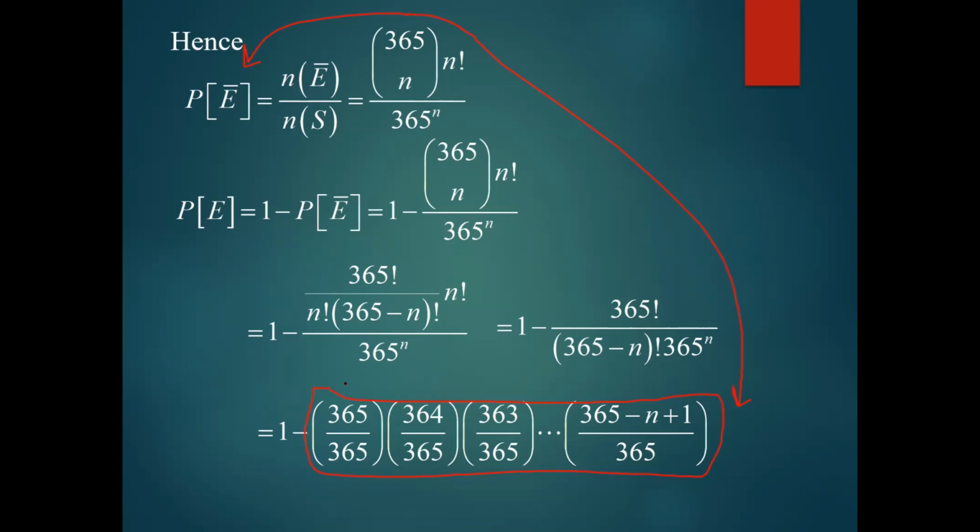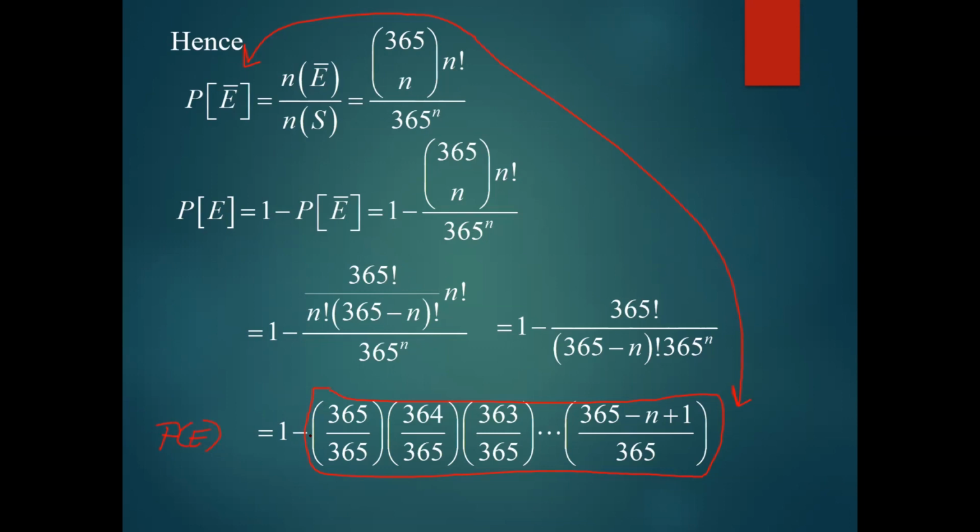And then after you assign that one date, you will no longer use it to assign. So there are 364. And then after that, you will not assign the two already assigned, so 363, and so on and so forth until you reach 365 minus n plus 1. That's actually the idea. You get the idea? And then that's 1 minus this quantity, and then you get, of course, the probability of E.